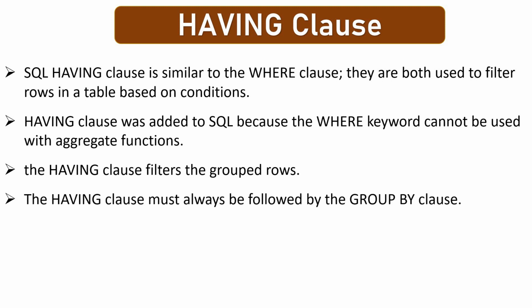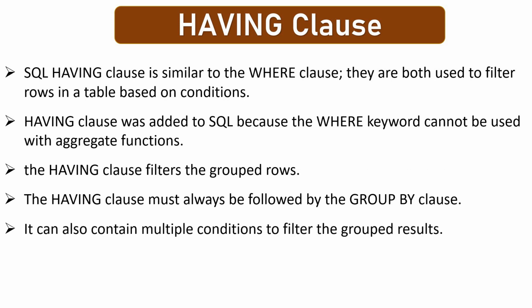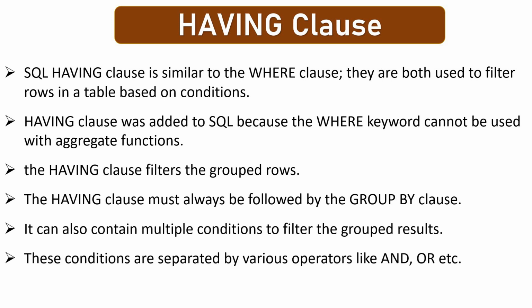And having clause must always be used in conjunction with the group by clause, because as I just said, having clause works on grouped rows. If we do not use the group by clause, then how will the having clause filter the data? And the having clause can also contain multiple conditions, and these conditions are separated by various operators like and, or, between and so on. So this was the introduction to having clause.